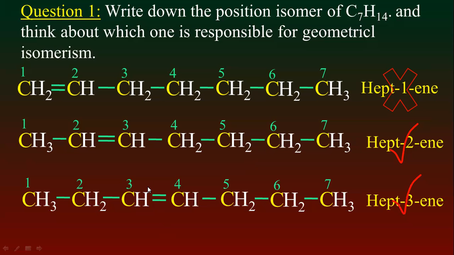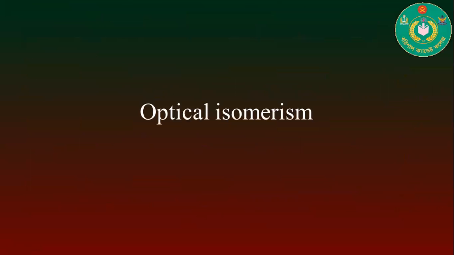On the third carbon, one is hydrogen and the other is an ethyl group. On the fourth carbon, on the right side, one is a hydrogen atom and the other is a propyl group. That's why hept-3-ene is responsible for geometrical isomerism, giving two types of isomers, cis and trans. Boys, you got it? Yes.